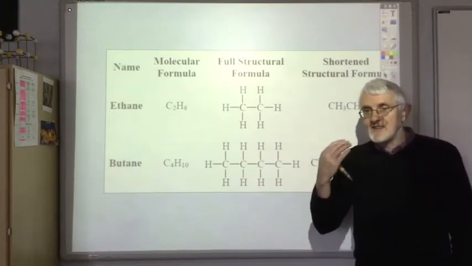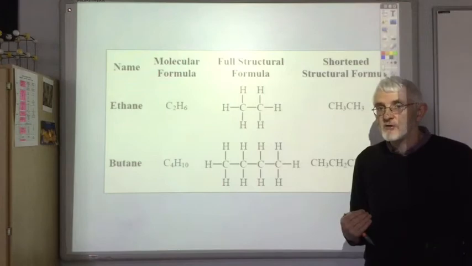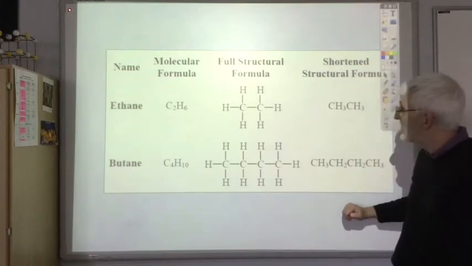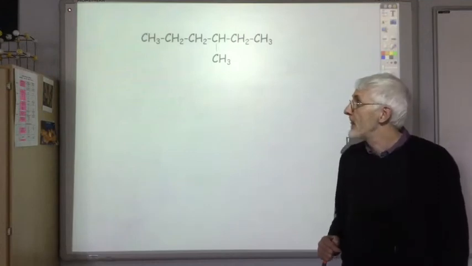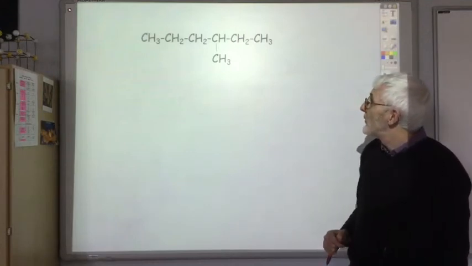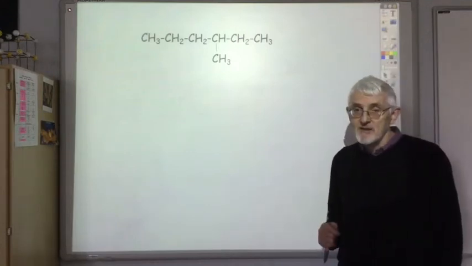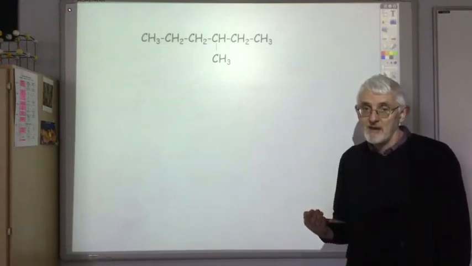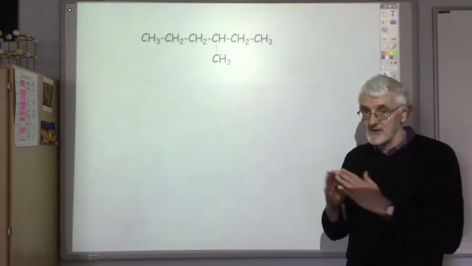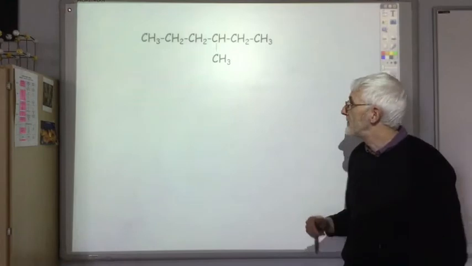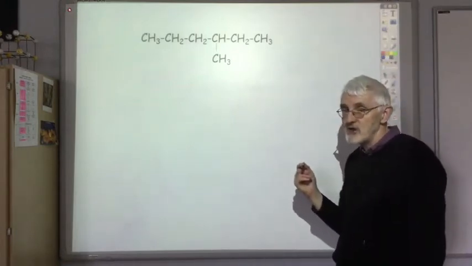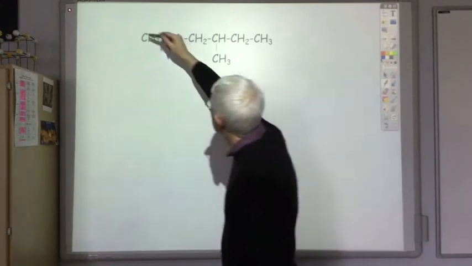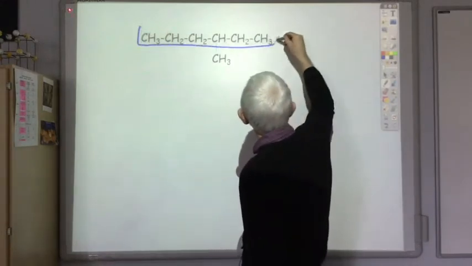Right. As well as the straight chain alkanes, you also get alkanes which are branched. So here's an example of a branched alkane. In total it's got 7 carbons, but it's not simply heptane, because heptane would be 7 carbons just joined in a straight chain. So how we name it, we look for the longest chain of carbon atoms. So that would be those 6 along there.